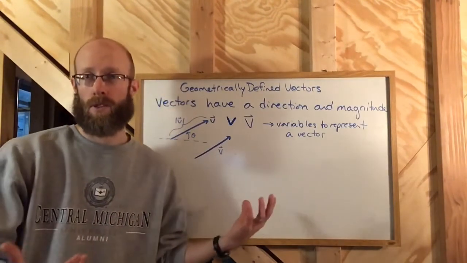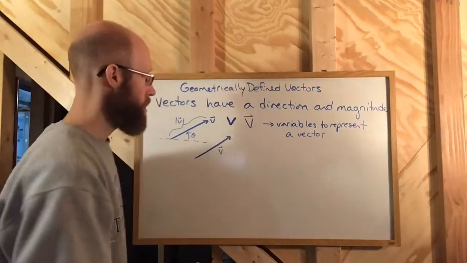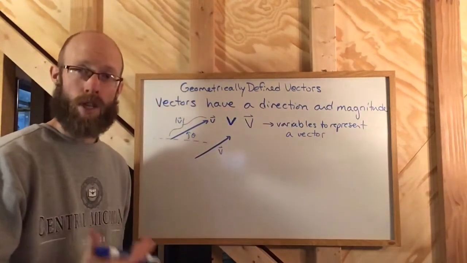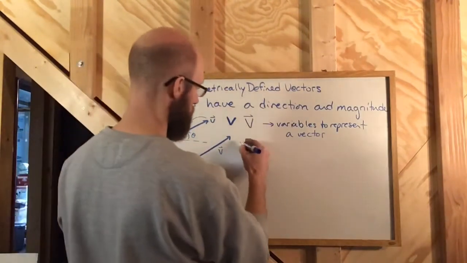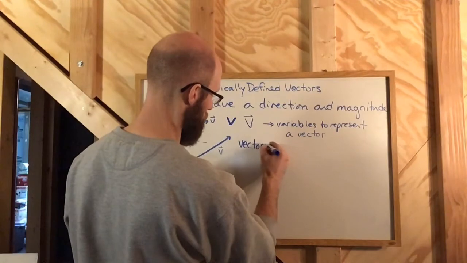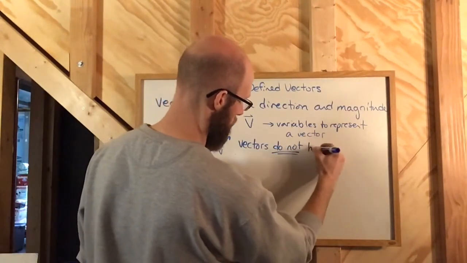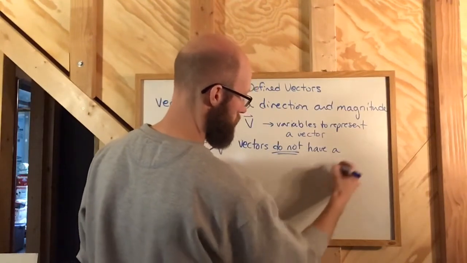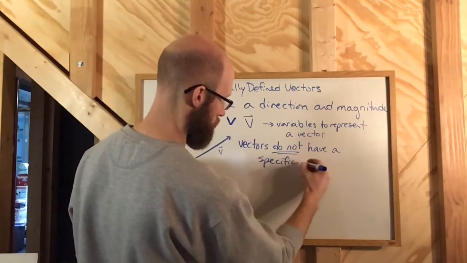They're the same thing, the same vector. So vectors do not have a specific position. They can be moved and not changed.